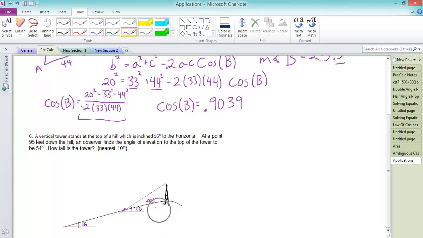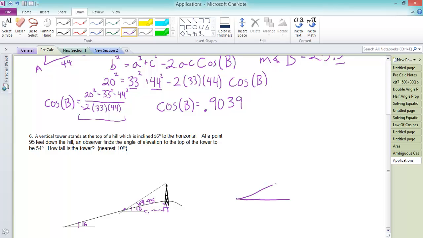Okay, so we know that from the hill the angle of elevation is 54 degrees. Now, guys, this is a really tiny picture, so I'm going to go ahead and redraw it. Real fast before I do, realize that the parallel, if that was a straight line, forms a 90 degree angle with the tower. That's our parallel.